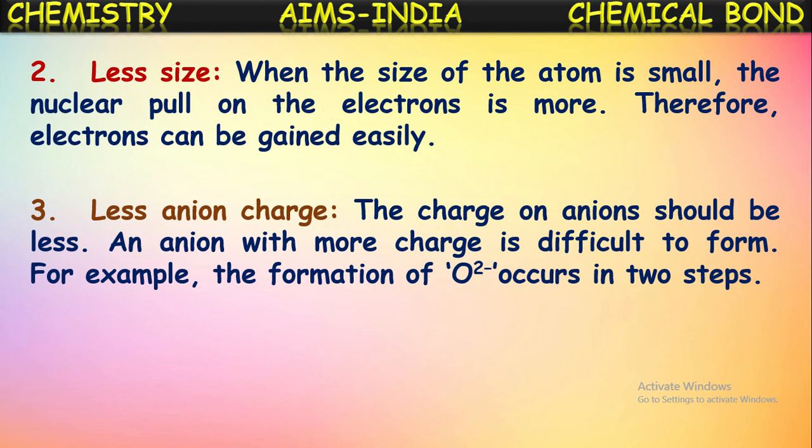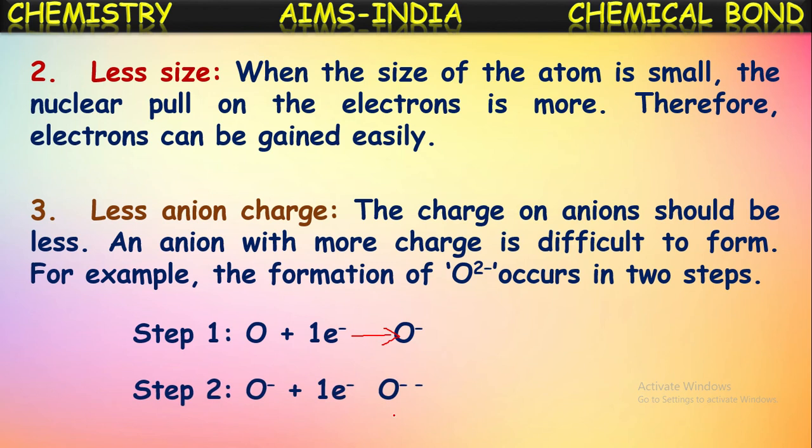Let us say, for example, the formation of O2 minus ion. The formation of oxide ion occurs in two steps. First, oxygen will gain one electron. By gaining one electron, it forms O minus ion. And then this O minus ion will gain one more electron to form O2 minus ion.